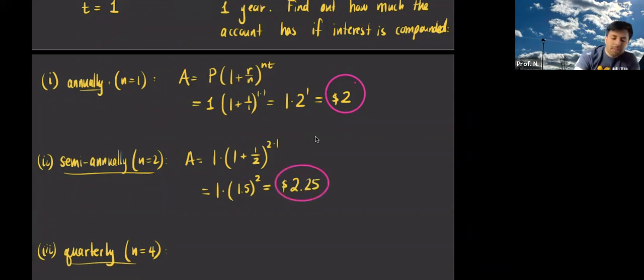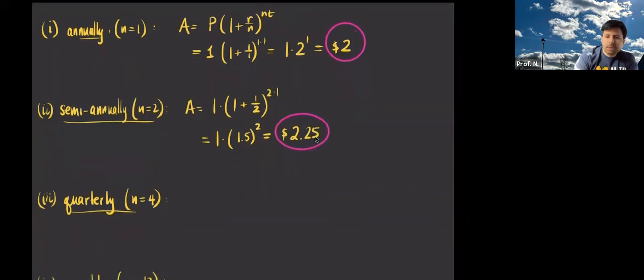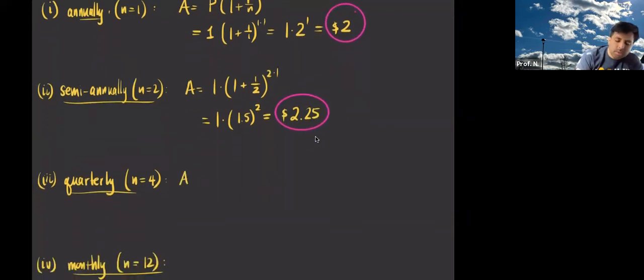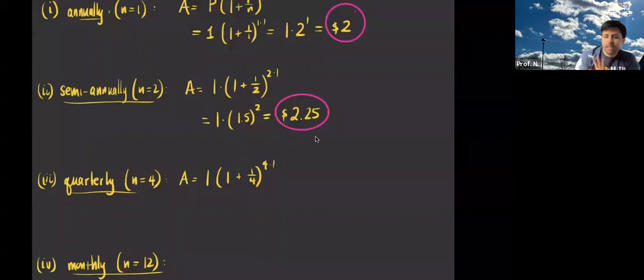So what do you think is going to happen if I do this quarterly instead of semi-annually? What's the new amount that I make? All I'm doing is changing the end value. Everything else is ones, right? So 1 plus a fourth is what? 1.25. If I raise that to the fourth power, what do I get now?